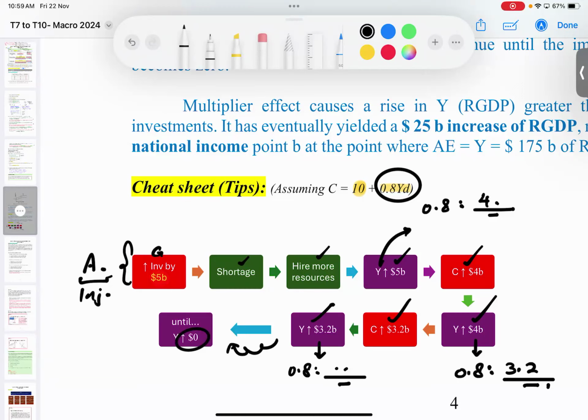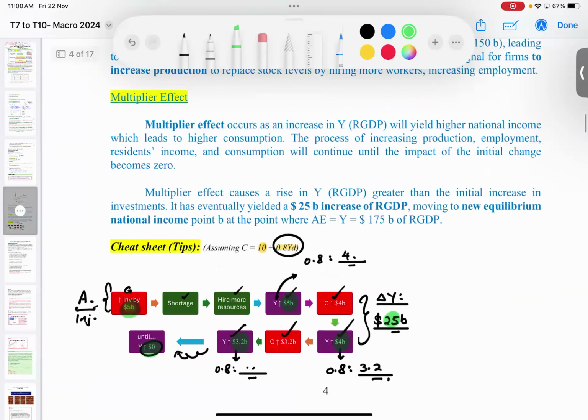When you add this up, 5 billion, 4 billion, 3.2 billion, until it gets zero, at the end it gives you a total increase of output by 25 billion. So from the initial 5 billion, it results in an increase of real GDP by 25 billion because of the multiplier effect. How do you put this into sentences? I put that for you already if you want to put it into your assignment.